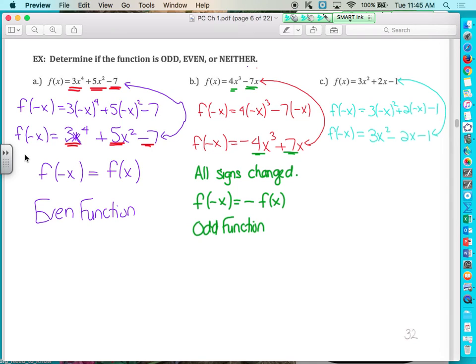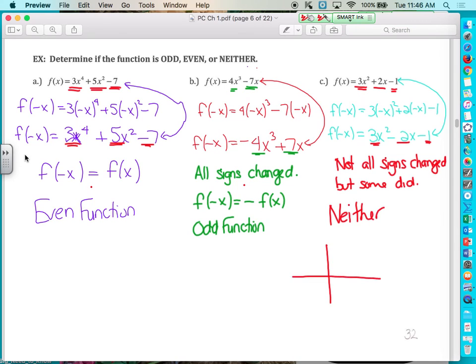If you look back at that original, some of these signs changed, but not all of them. 3x squared stayed the same. 2x is now negative 2x, so that one changed. And then the negative 1 stayed the same. So not all signs changed, but some of them did. So if not all of the signs changed, it can't be odd. If none of the signs changed, it can't be even. So this is just neither.